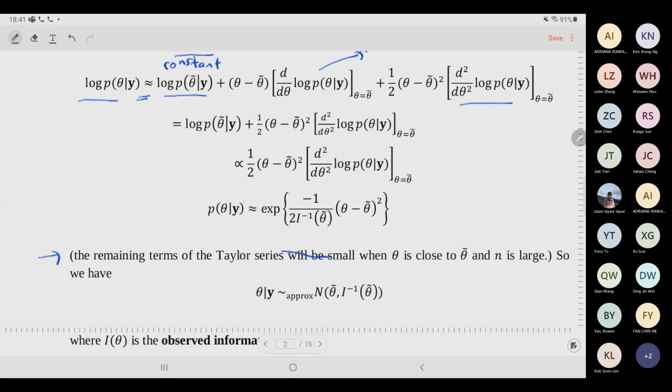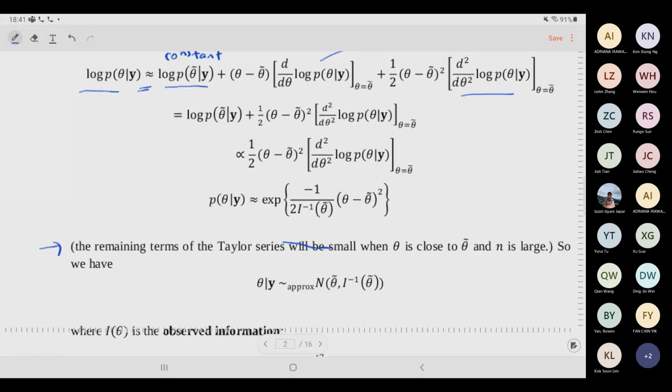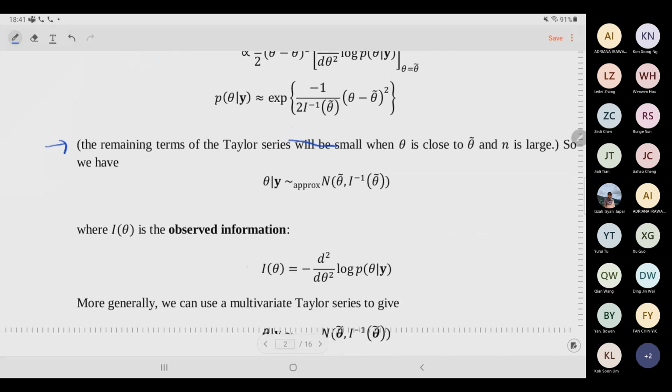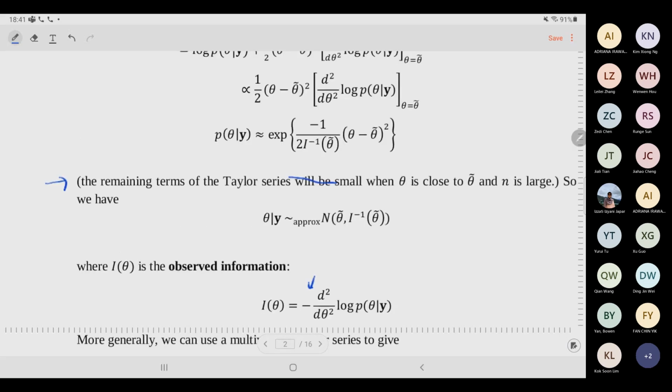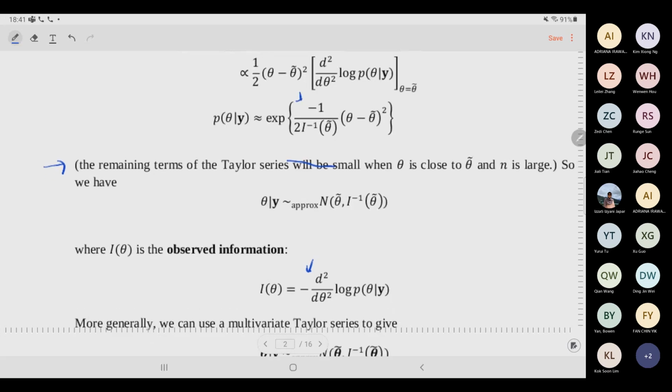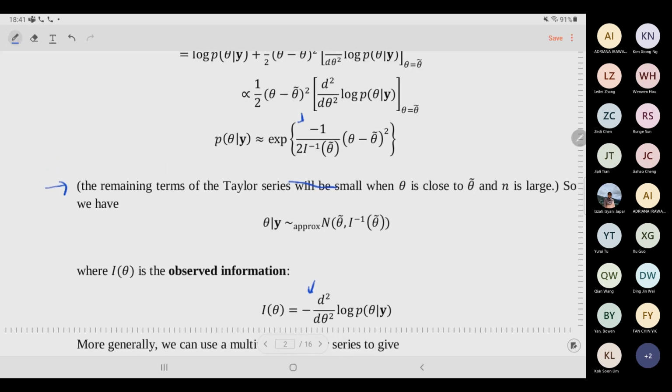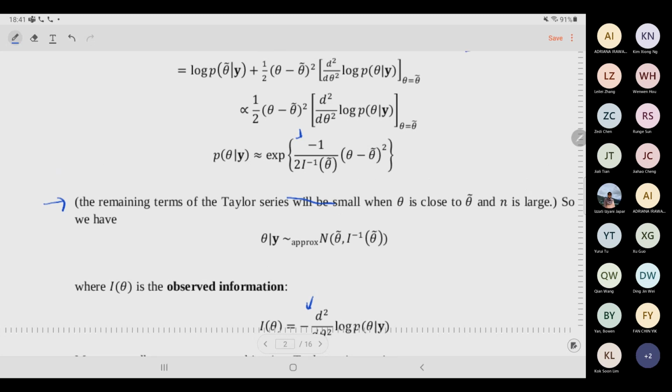You introduce the minus at the observed information, I of theta, which is the second derivative, and that's why it becomes an inverse here.